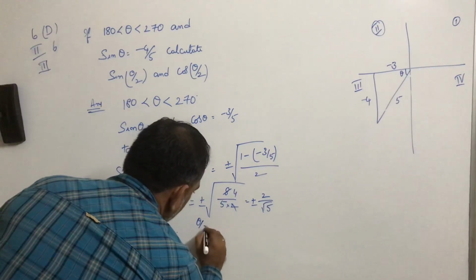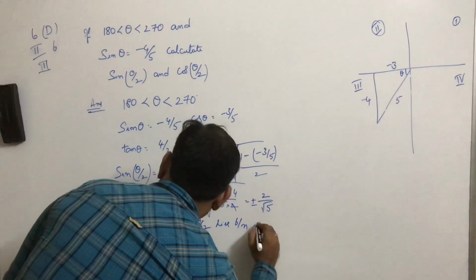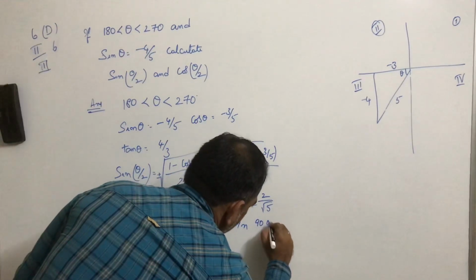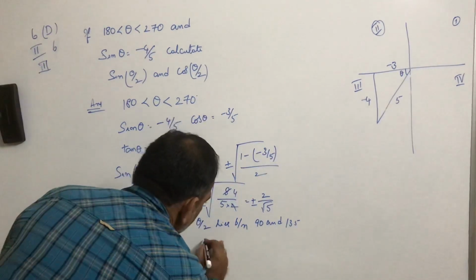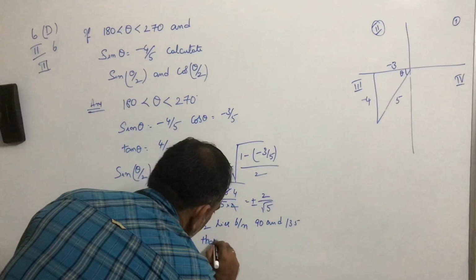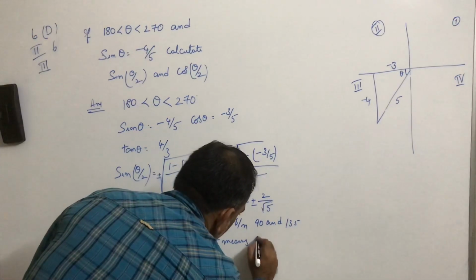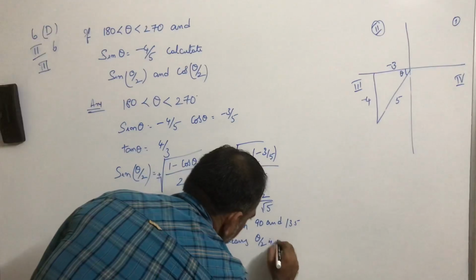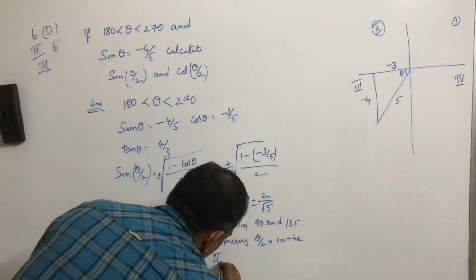Theta by 2 lies between 90 and 135. That means theta by 2 is in the second quadrant.